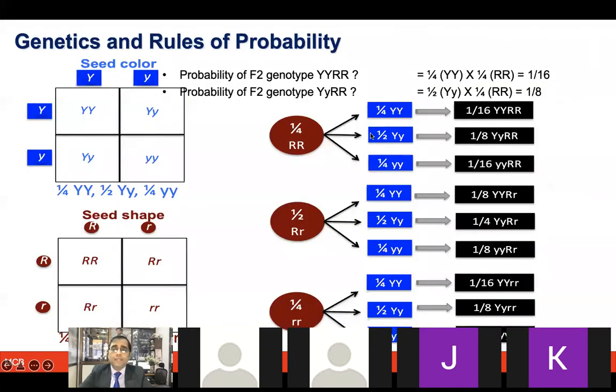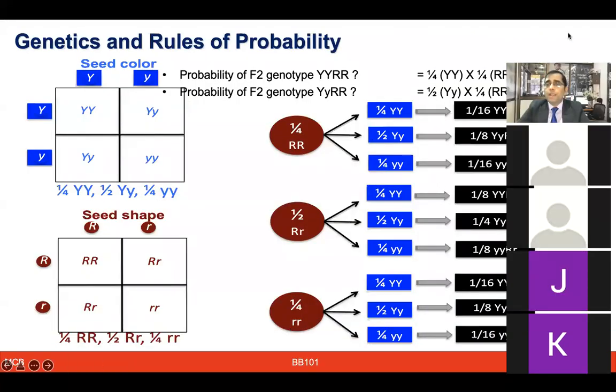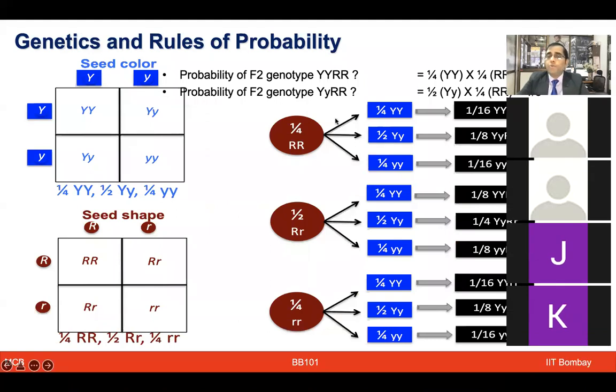How can you do these experiments? Of course, you can think about either doing the Punnett square or using the probability rules. Since there are 2 different properties and both are inherited independently, you can simplify this problem into 2 simple monohybrid crosses, for example, seed color and seed shape.